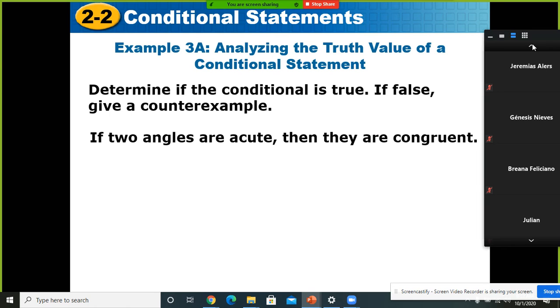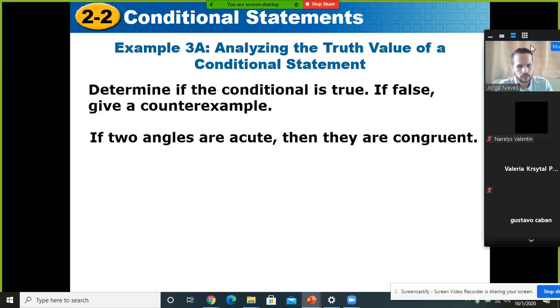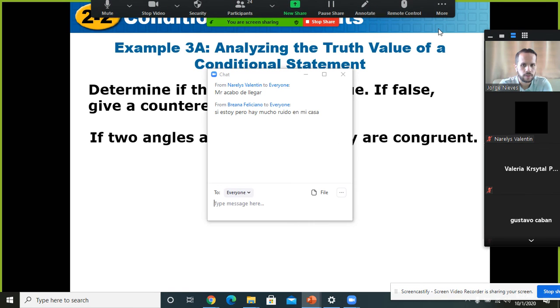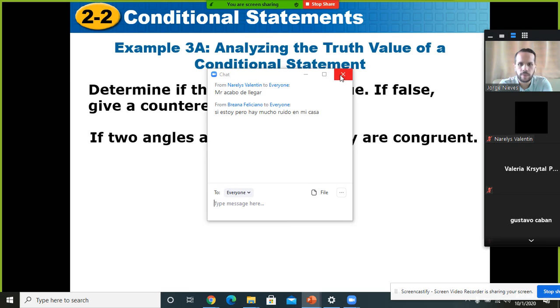Julián, ¿puedes leerlo? Sí, léelo todo completo, sí. Ok, perfecto. No te preocupes, Brianna.